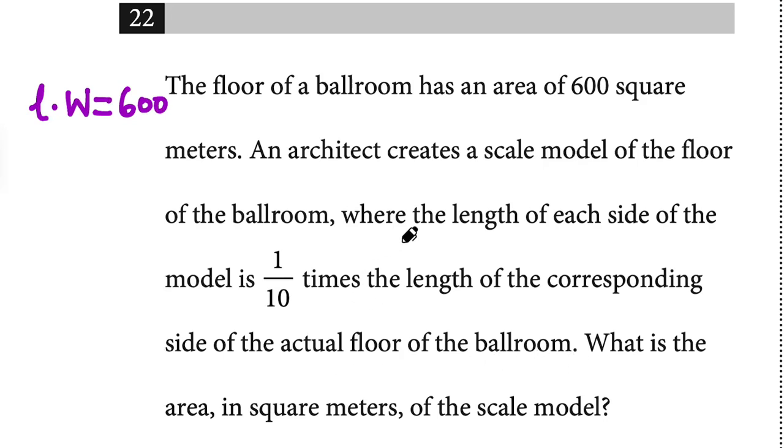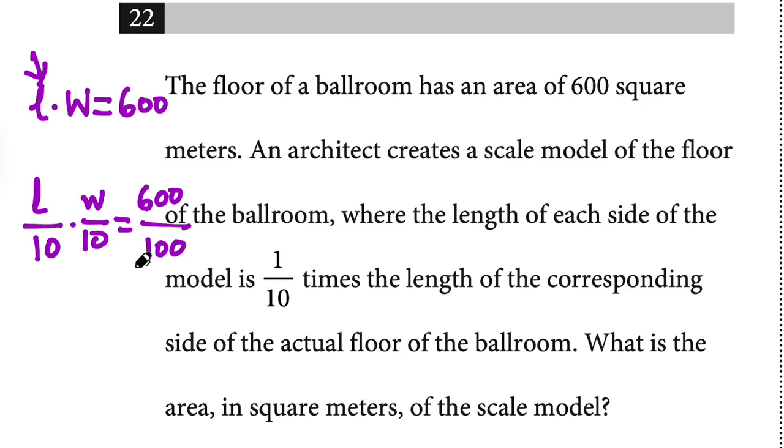So it's only length, but because this is a scale, suppose this is the actual plot and this is the architect's plan, so that is 1/10, right? And the width will also be 1/10. So indirectly I am multiplying by 100 on both sides, right?